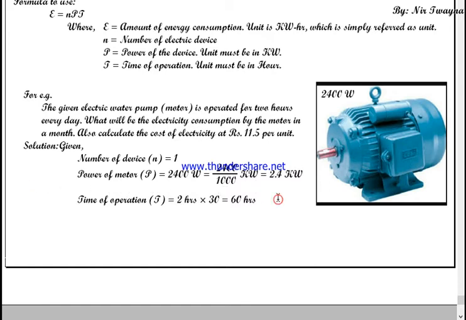Any confusion up here? Then the amount of electricity consumption E equals, you have the formula NPT. N means 1, P means how much? 2.4, and T means 60. Very simple. Now just multiply it.